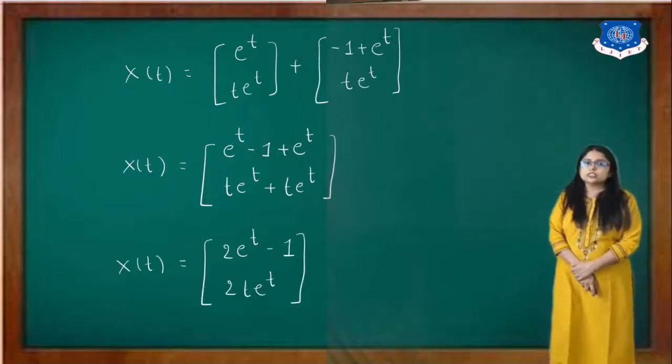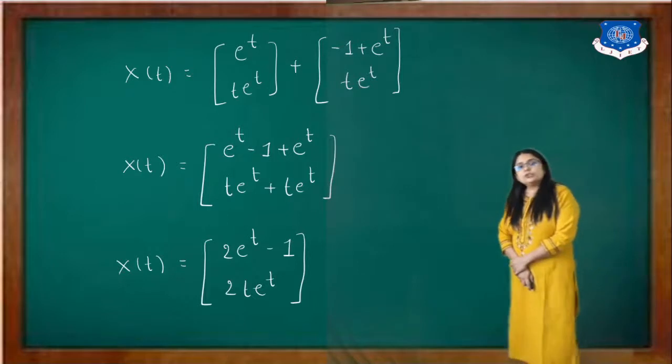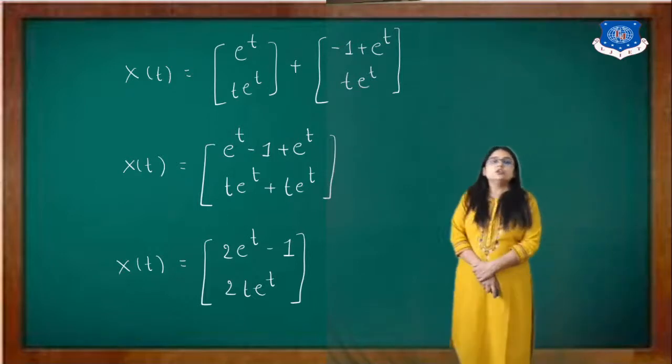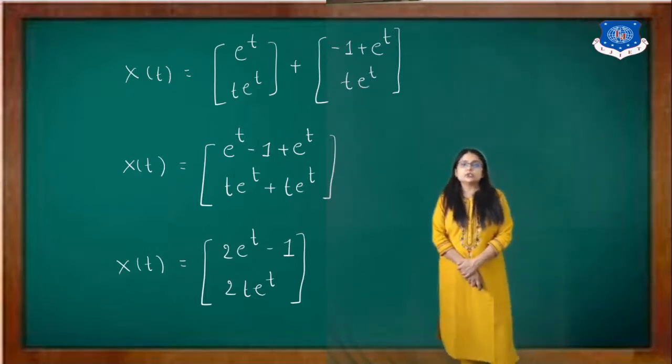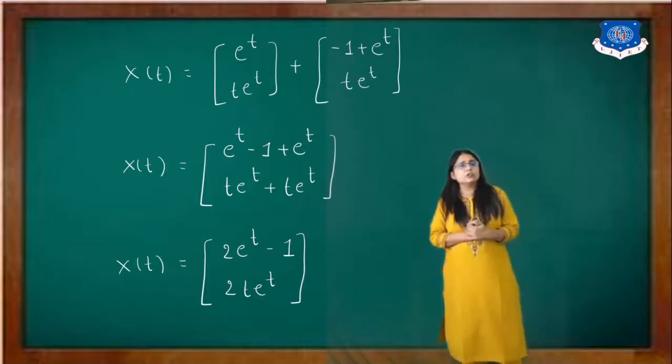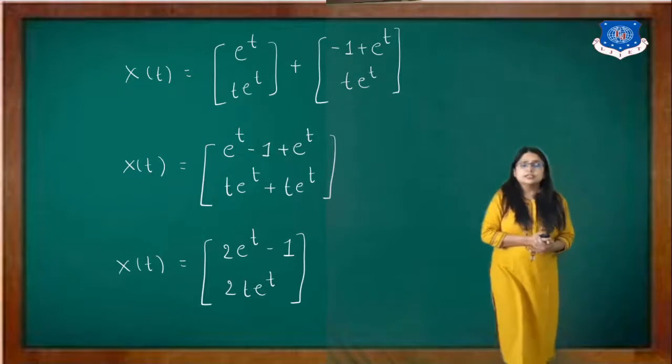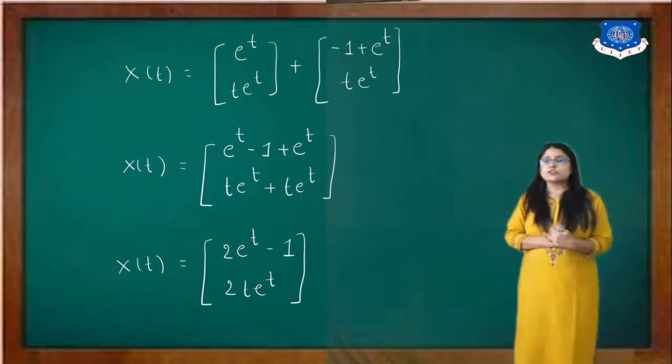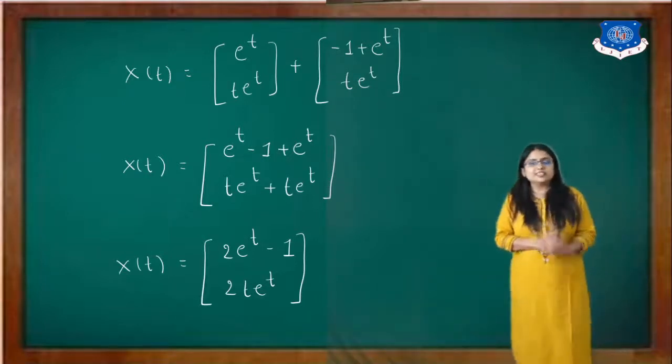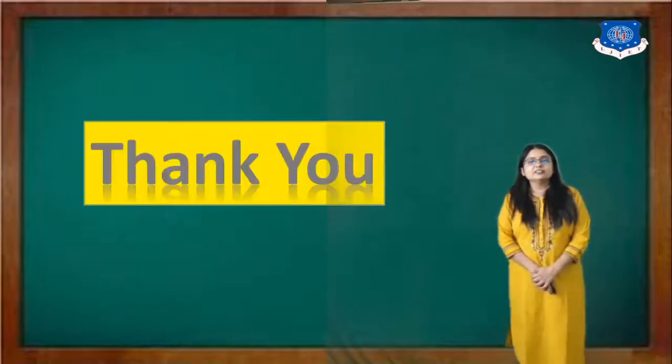So you just solve this, what we get? 2 into e raised to t minus 1, 2t into e raised to t. Right. So this way you can find out the solution of the state equations, that is x of t. I hope this session is clear. Thank you.